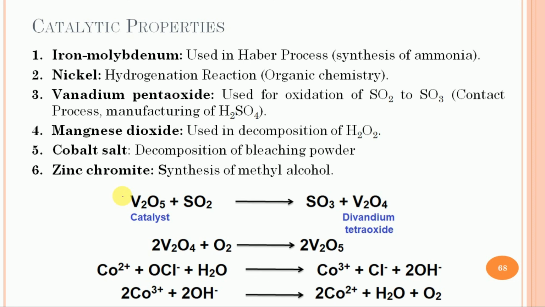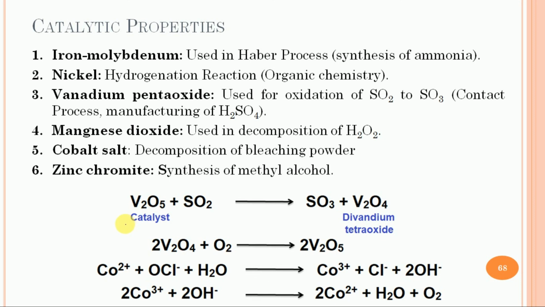The catalytic properties of transition metals are due to the formation of appropriate reaction intermediates with the substrate by using empty d orbitals. These intermediates give a reaction path of lower activation energy and therefore increase the rate of reaction.